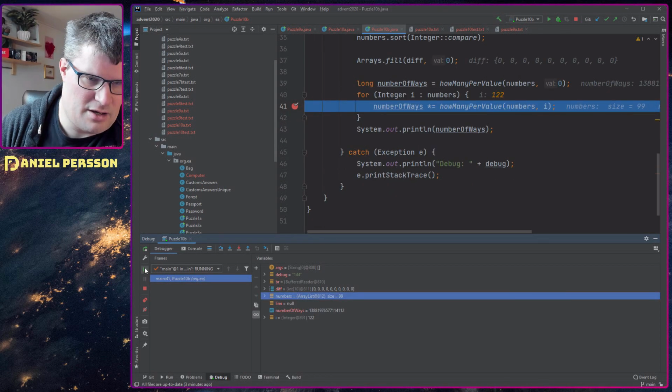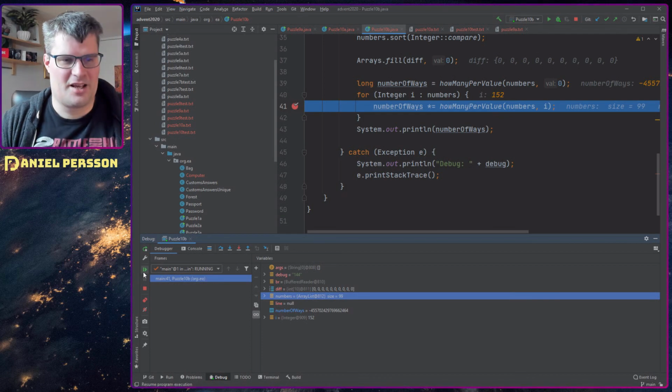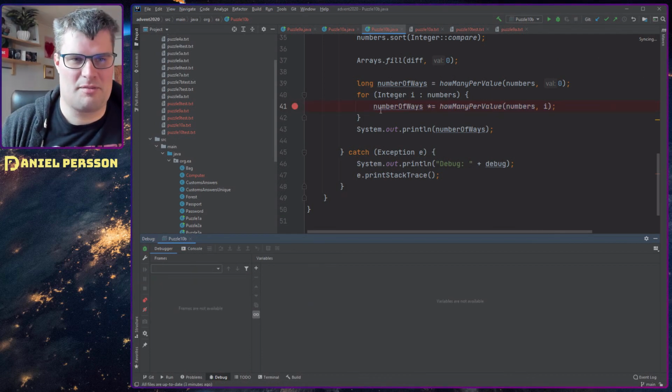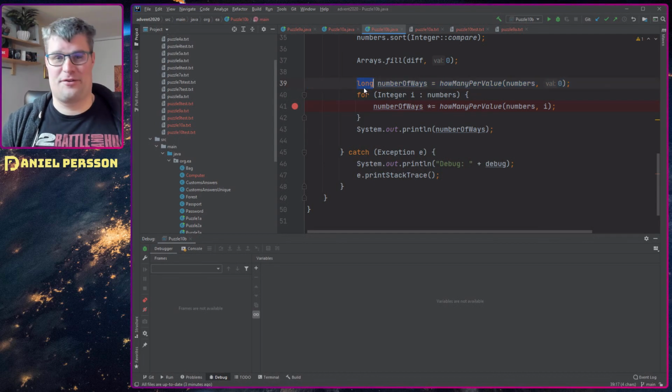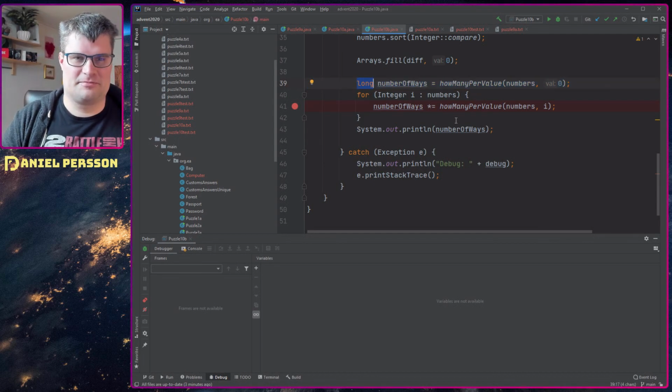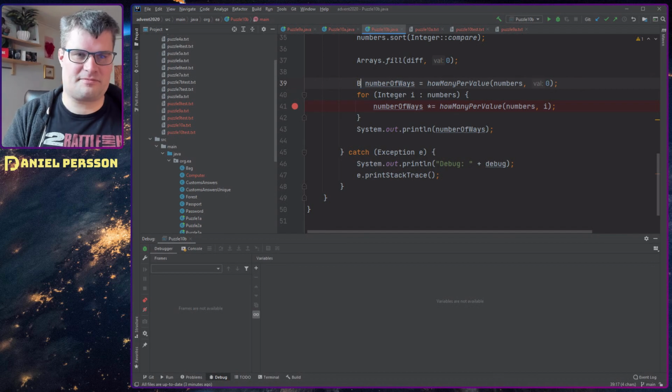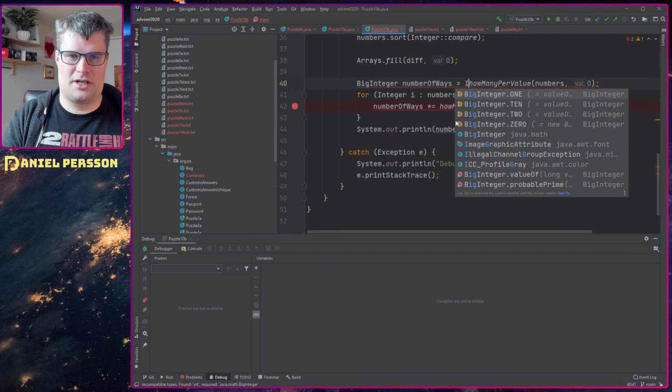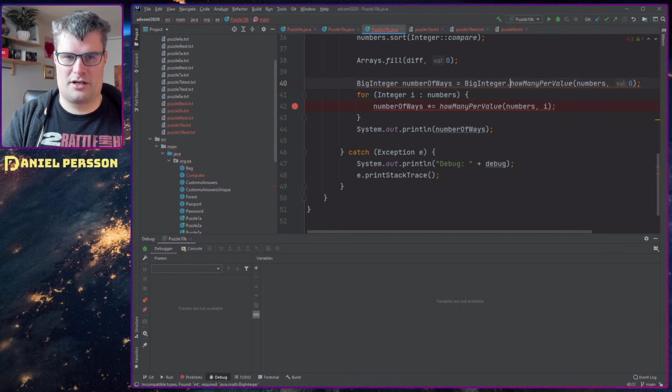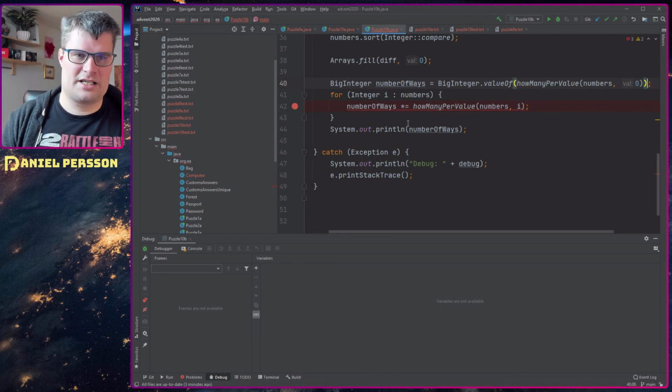Is it that the value even goes over the amount for an... Yeah. So we have the problem that the long is not long enough. So big integer, is big integer value of, and then we get that.